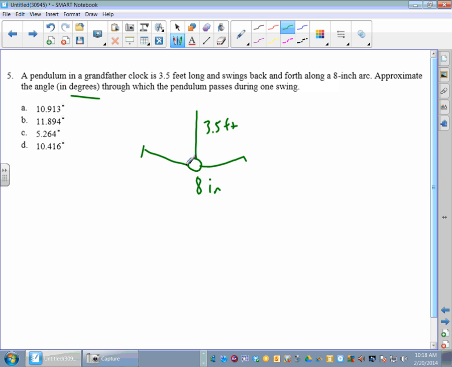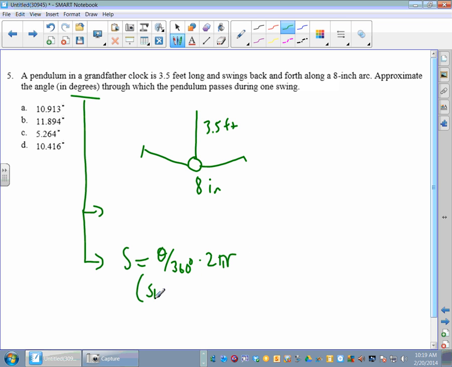Approximate degrees. So do you want to use your geometry or do you want to use your trig? It doesn't matter to me. What do you want to use? Geometry? Which are you going to remember more? Probably geometry? Okay. So S equals theta over 360 times 2 pi r.